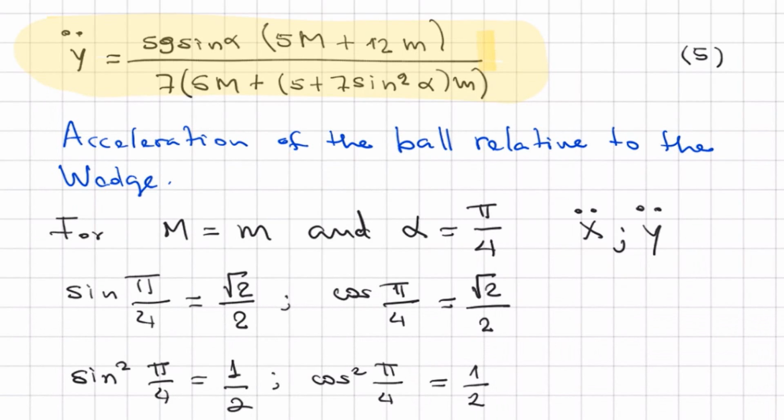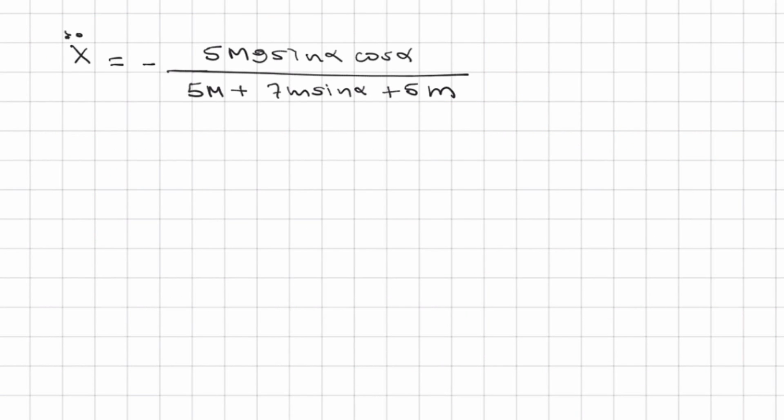Let's go first to equation number 4. We know that equation number 4 is the following equation. We already calculated this equation. The only thing I will do here is write it, and replace the mass of the ball equal to the mass of the wedge, and the angle alpha equal to pi quarters.